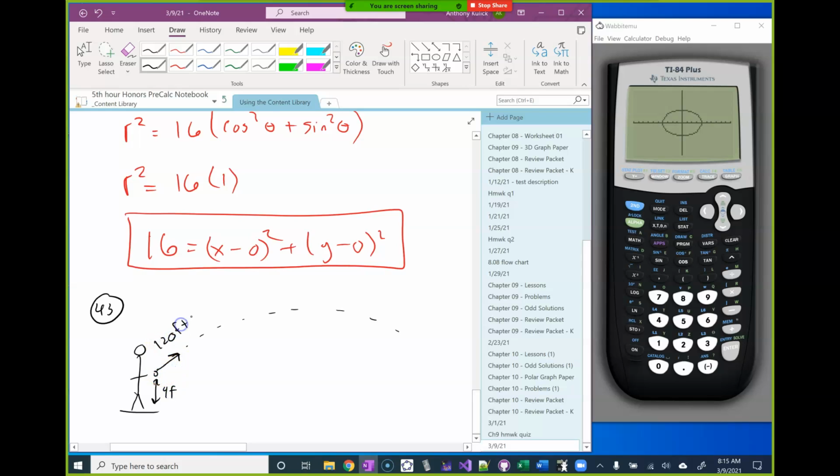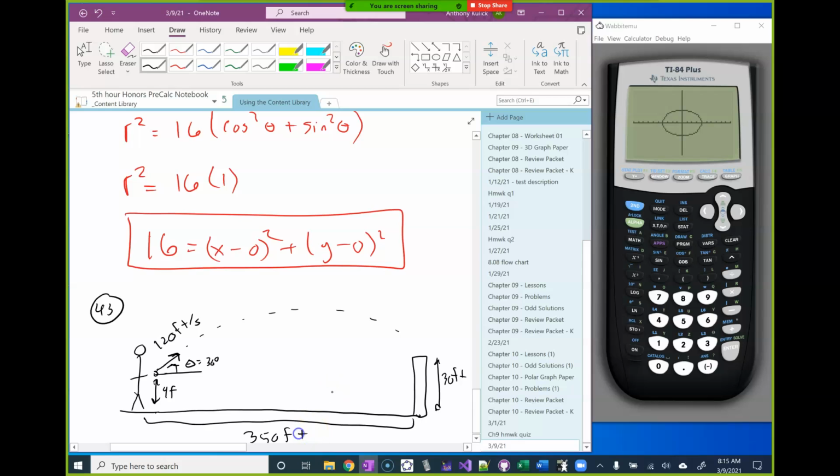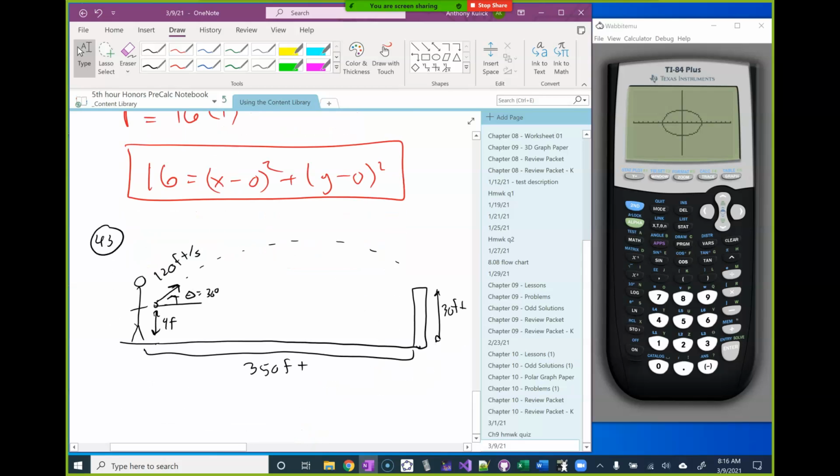The ball leaves the bat at a 30-degree angle with the horizontal, and heads towards a fence that's 350 feet away. Write the parametric equations to model the flight of the baseball.